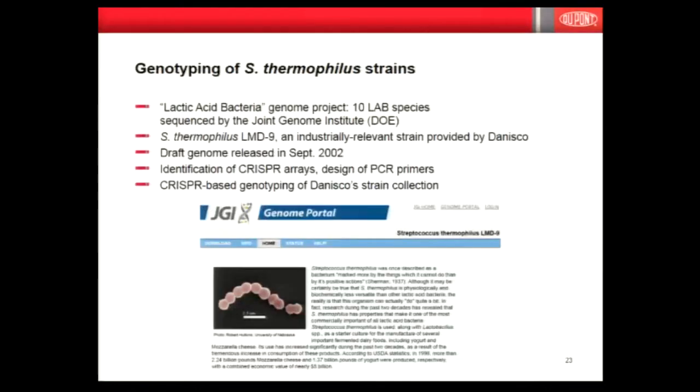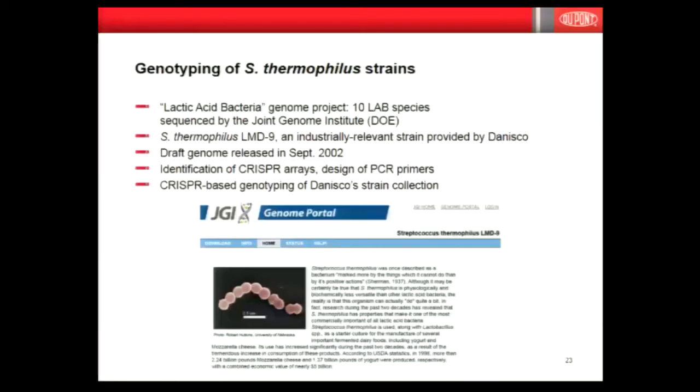So I showed you this poster from INRA. The sequence generated by INRA at that time was not publicly available, but luckily we had been involved in another sequencing project performed at the JGI.